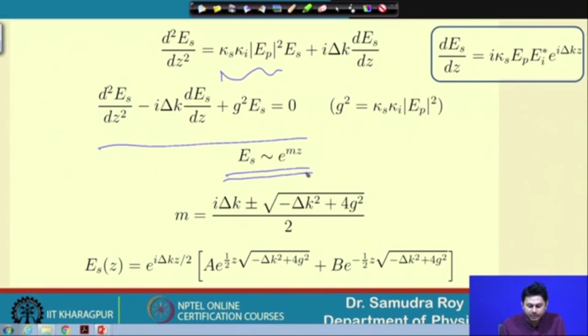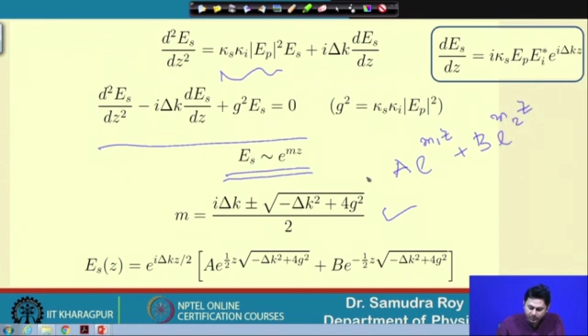If I put this term here, then we have the solution for m like this, the standard procedure. With that, we can put all these values here. My standard solution will be A e to the power m_1 z plus B e to the power m_2 z.